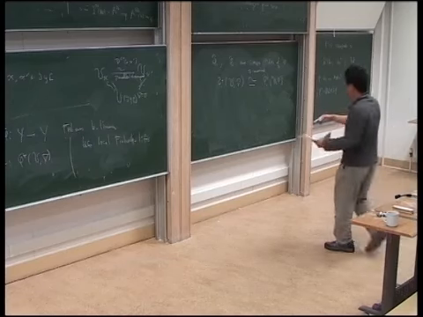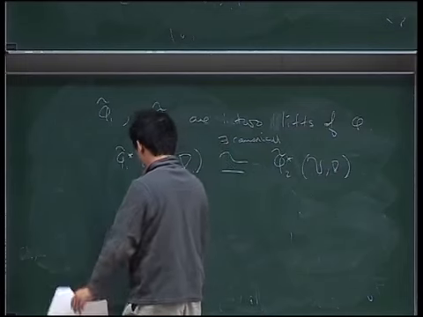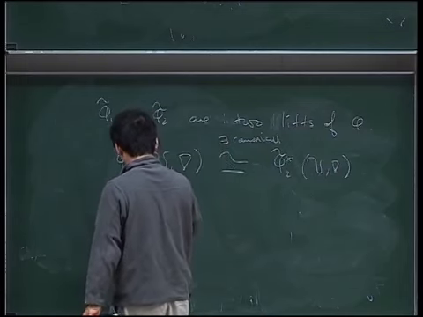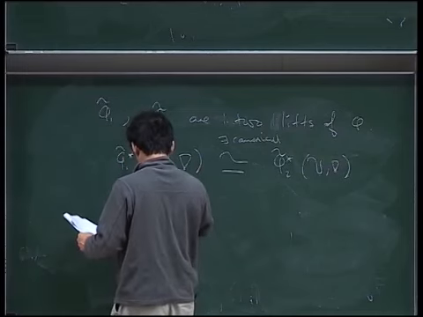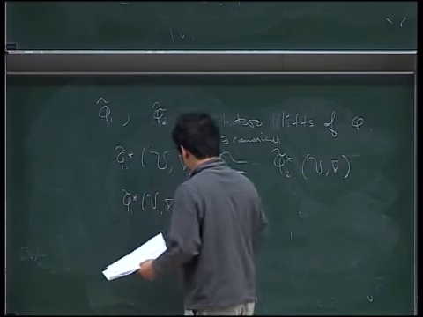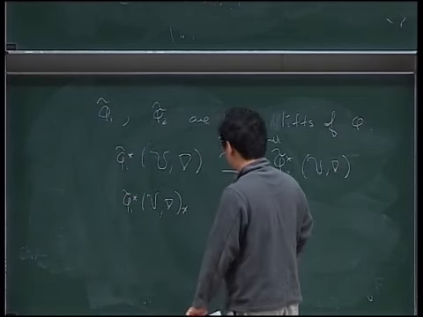But let me just give you the idea of what happens here. Suppose you look at this fiber by fiber, instead of looking at the sheaves. Then the fiber at some given X, what is it?